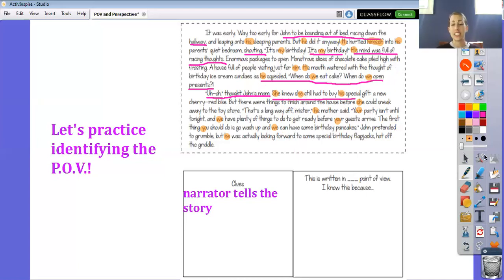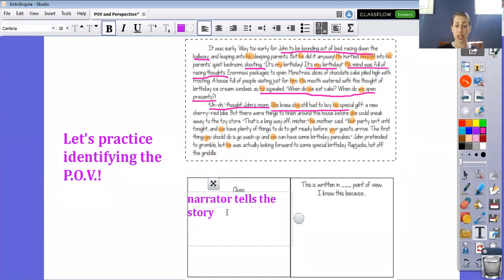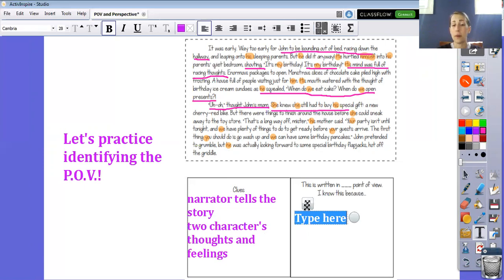So obviously, since we know two characters' thoughts and feelings, we know that this point of view for the first story would be third person omniscient. So third person omniscient. There we go. And let's go to our next one.